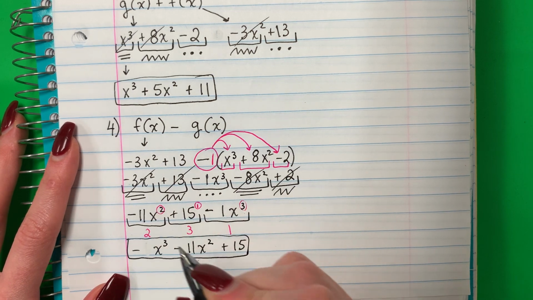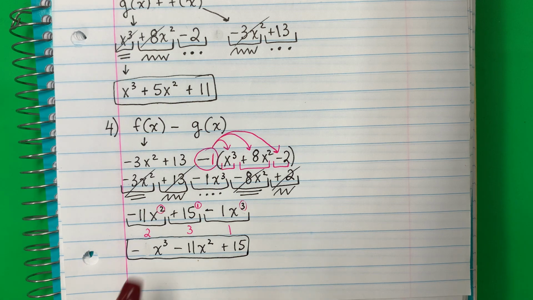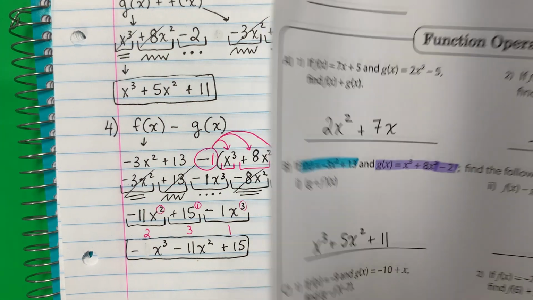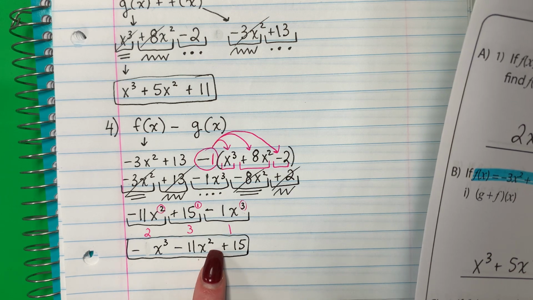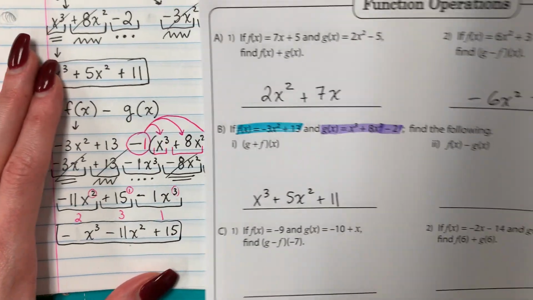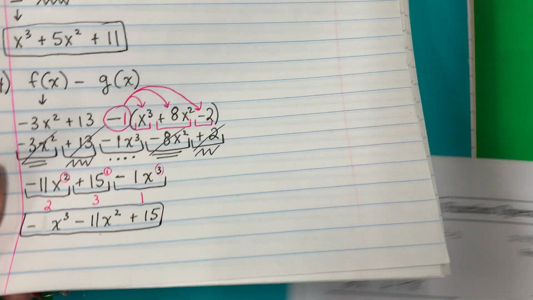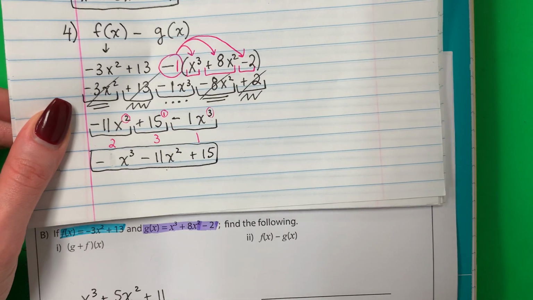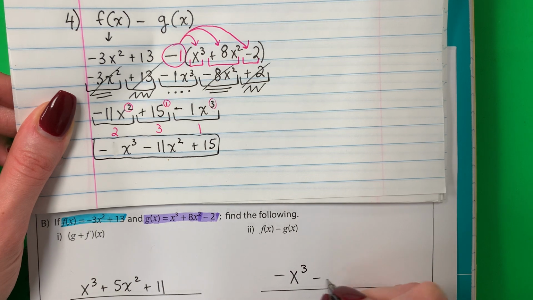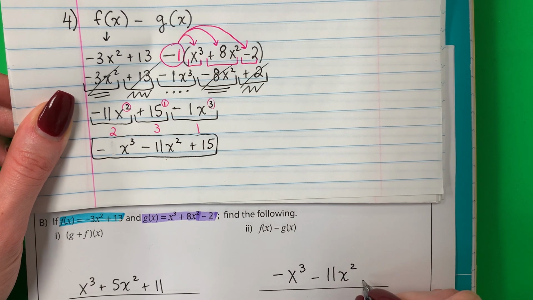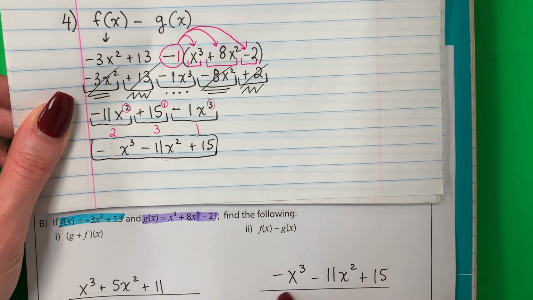So this is your final answer. It's negative x cubed minus 11x squared plus 15. Go ahead and write that down. Negative x cubed minus 11x squared plus 15.